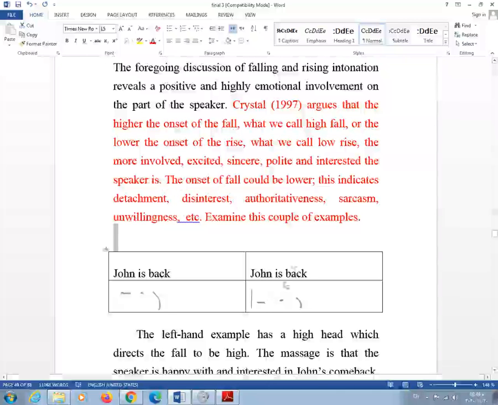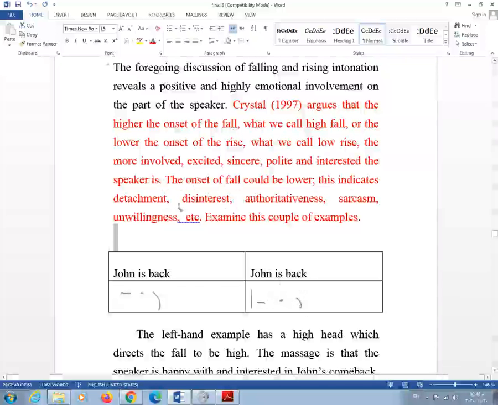And in the second, the onset of the fall could be lower, as you see, with a low pitch. This indicates detachment. This is very important for you to know.